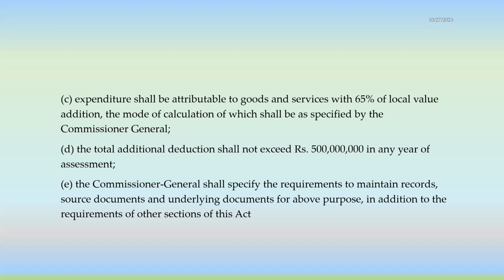The mode of calculation of which shall be specified by the Commissioner General. That means if it is a product manufactured in Sri Lanka or if it is a service provided with a 65% of local value addition, then the advertisement is entitled for the additional deduction.